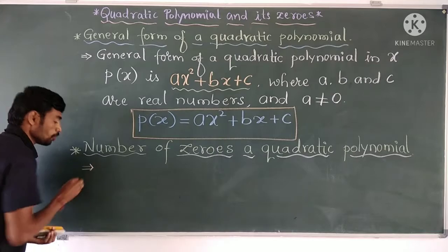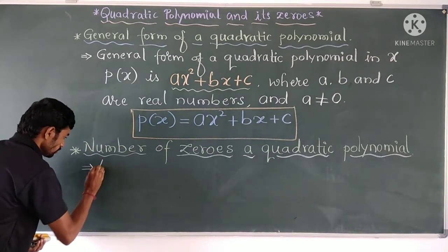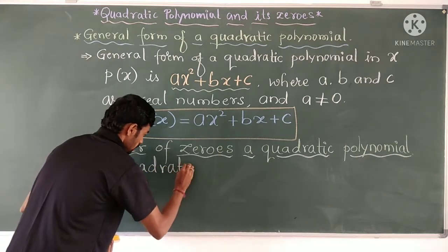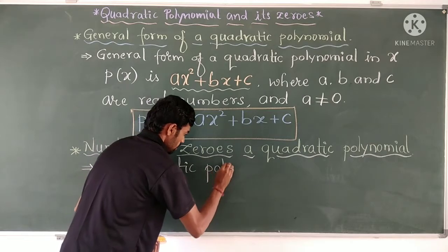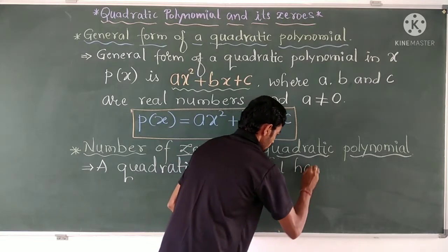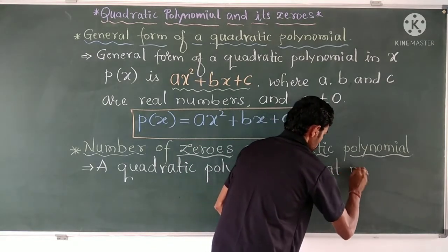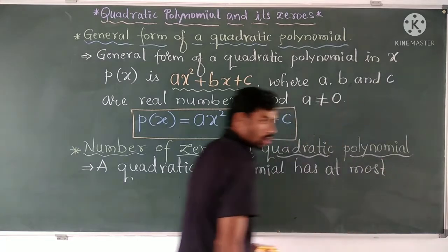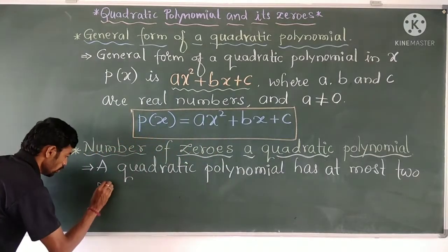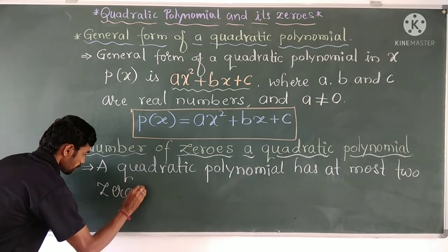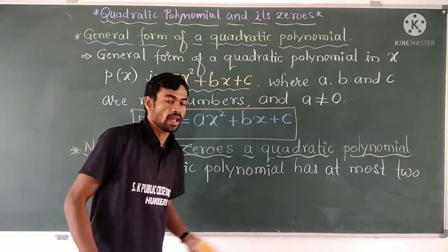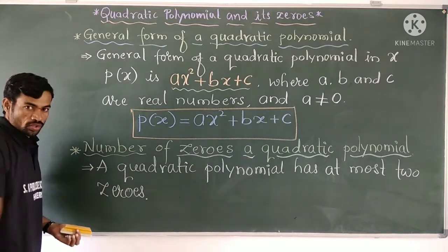At most 2 zeros. A quadratic polynomial has at most 2 zeros.